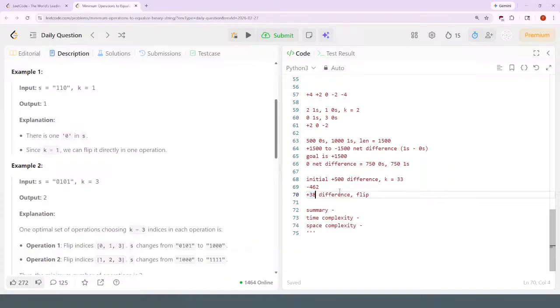So here I need to switch 7. I need to flip 7, I think. What am I thinking of? So I want to get 38 down to 33.